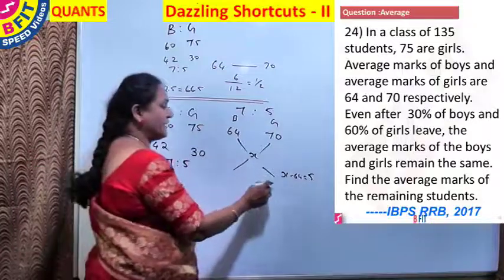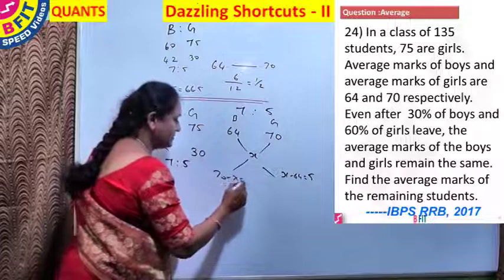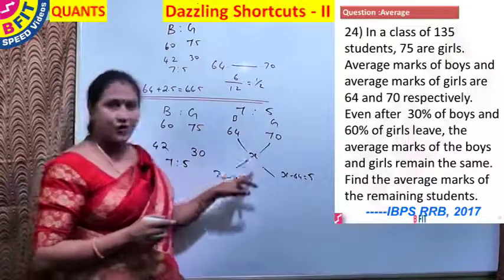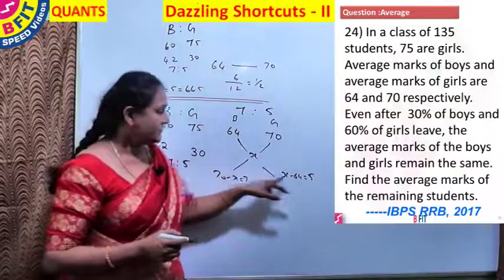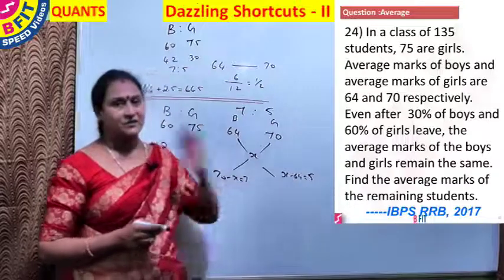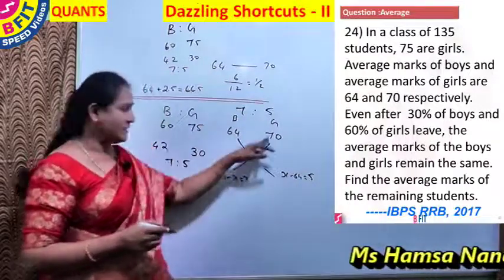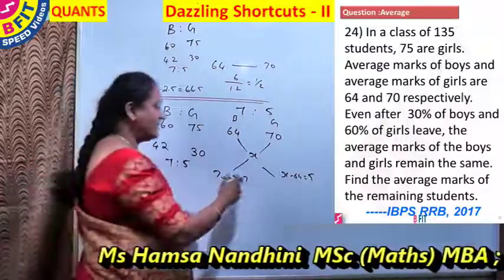So we understood that the average of all the remaining students, x, is 5 parts more than 64, and the average of girls is 7 parts less than the total average. So we understood the question, and now we have to solve this.